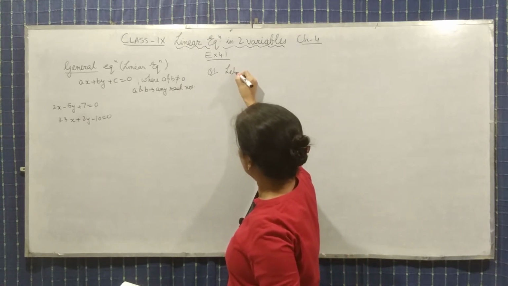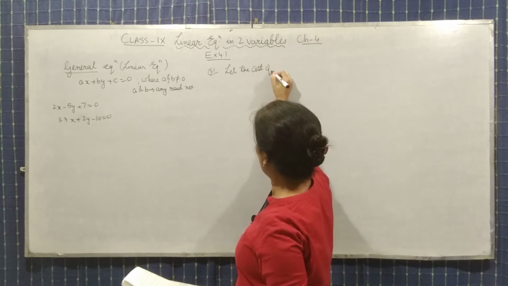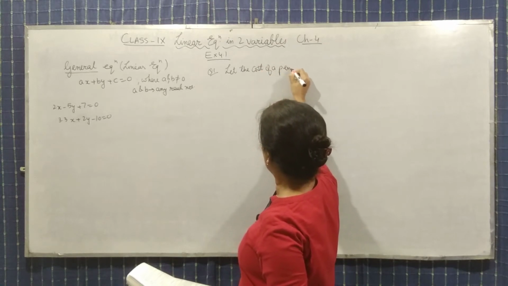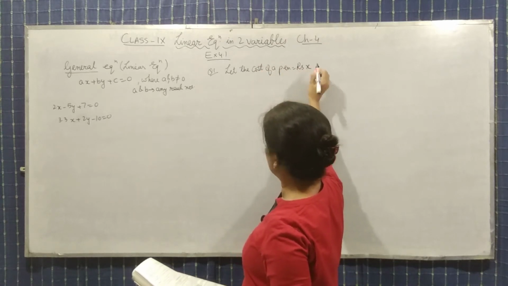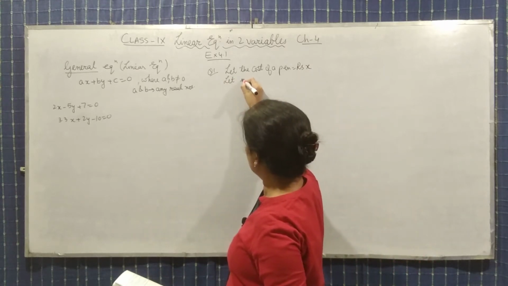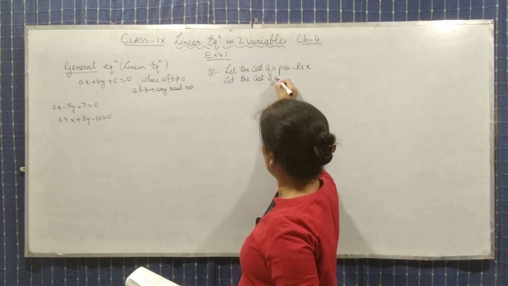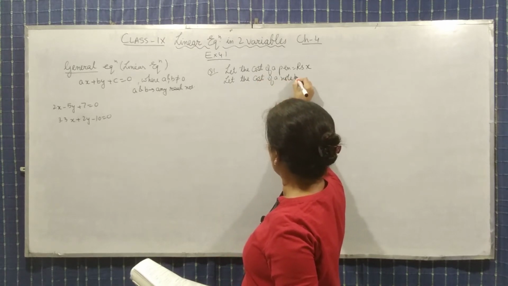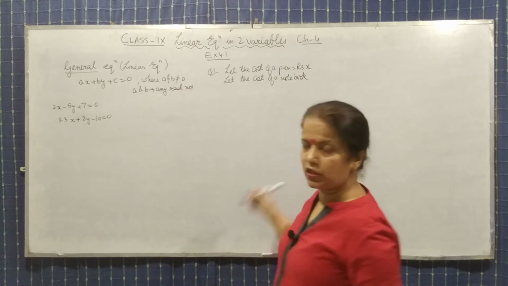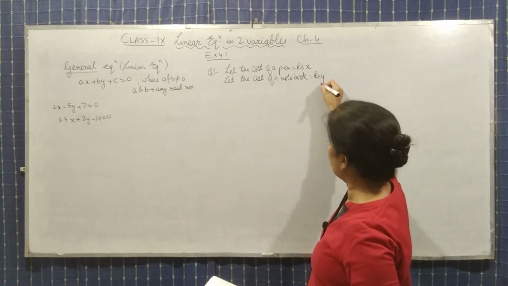Let the cost of a pen be rupees x, and let the cost of a notebook, since we are talking about two variables, be represented with rupees y.